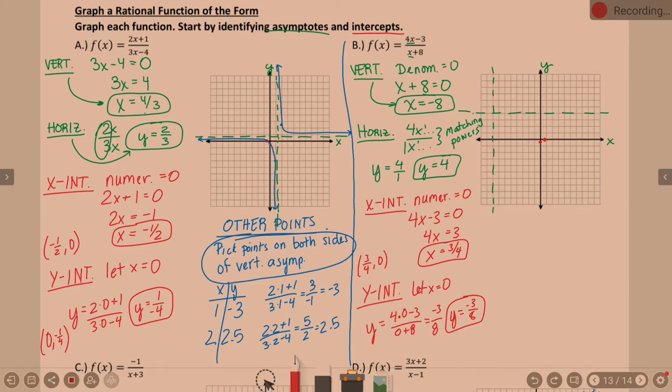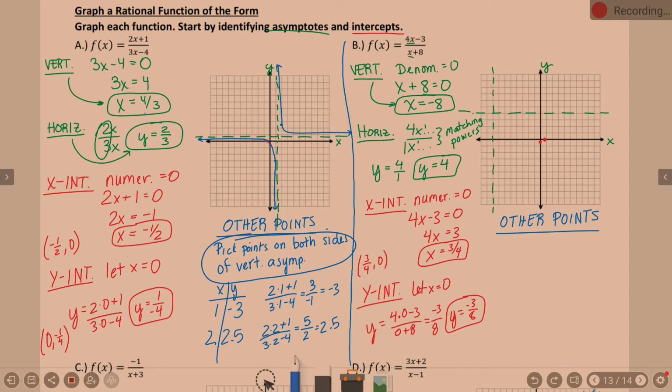Now, my recommendation yesterday was to pick a couple extra points to assure yourself. And if you're not doing intercepts, you're going to have to pick the other points. When we pick a couple other points, I want to know whether I need to be up or down on each side of the vertical asymptote.